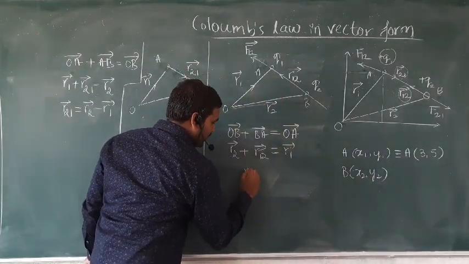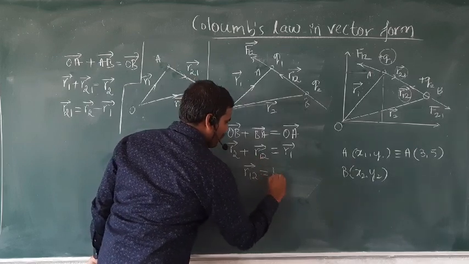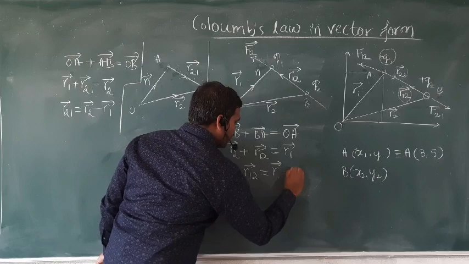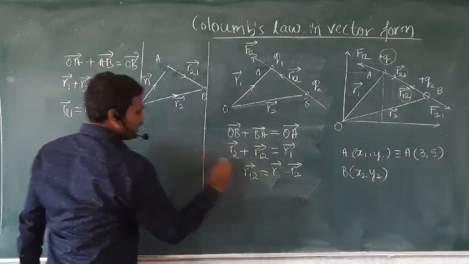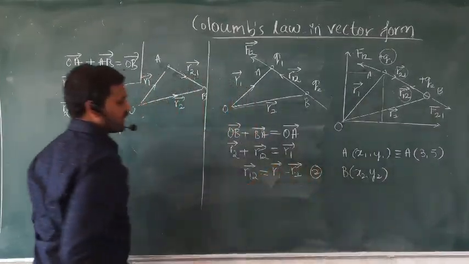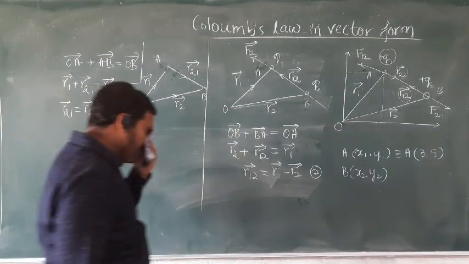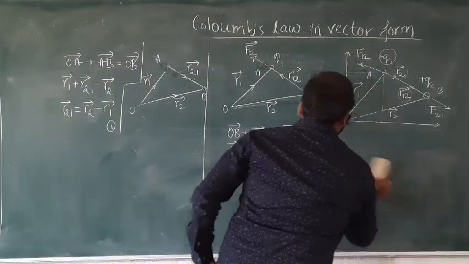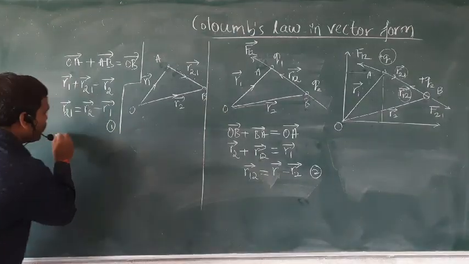So how can I write this? Vector R12 is equal to vector R1 minus vector R2. I call this equation number 1, and this equation number 2. Now consider equations 1 and 2.